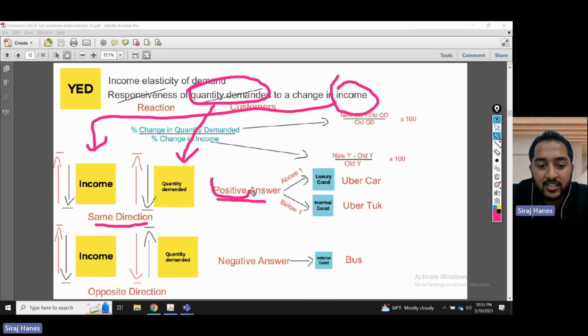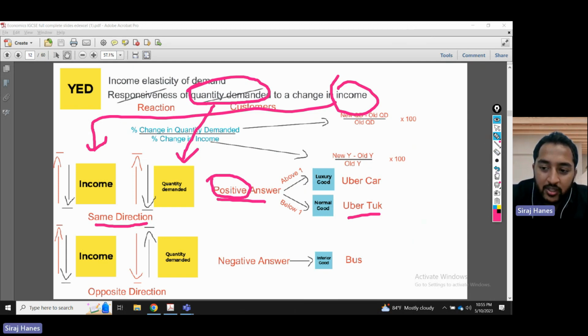And if you get a positive answer, guys, when you do this equation, if the positive answer is above 1, it's considered a luxury good. Like an Uber car. You have some money, you go in an Uber car. If it's positive and below 1, it's called a normal good. Maybe an Uber tuk, because you can't afford the car. You can afford the tuk. Car is a luxury to you.